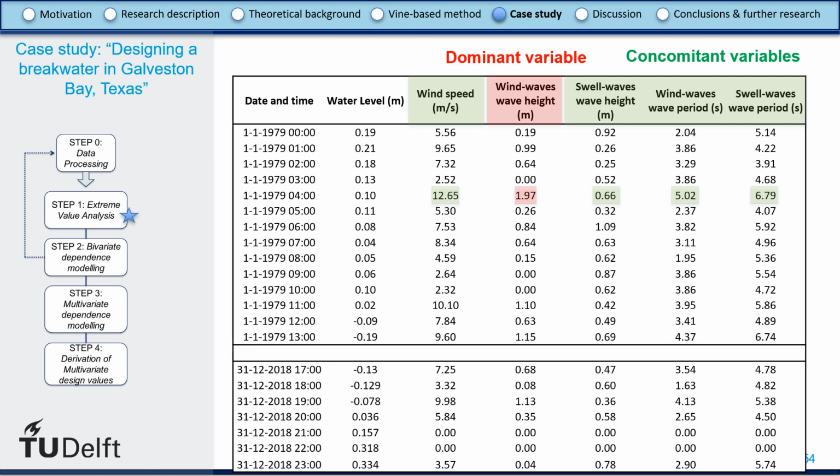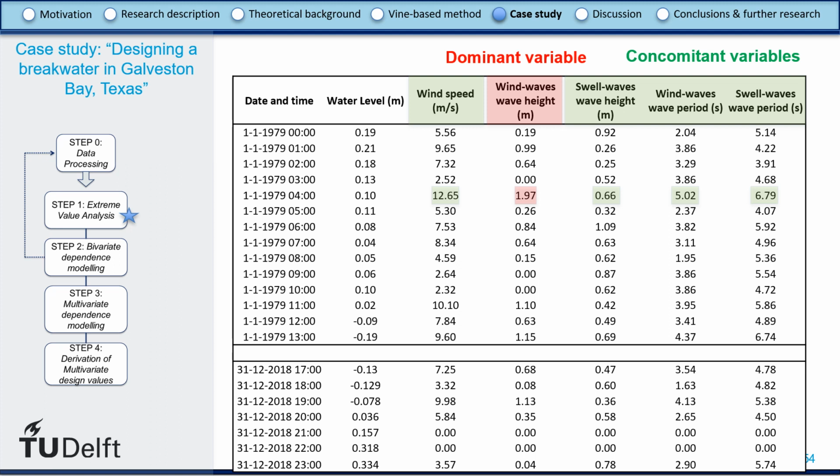If we now go to step 1, the extreme value analysis, here we first have to define the dominant variable. In this case study, I decided that the wave height of wind waves was the most relevant variable to the actual design of the structure, the breakwater. So this was my dominant variable, and the remaining variables were named my concomitant variables.